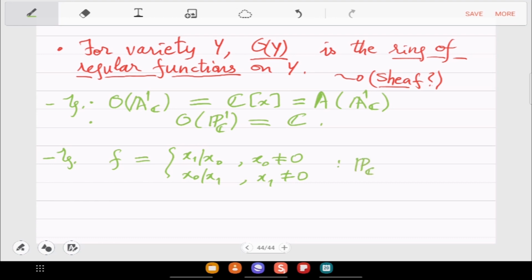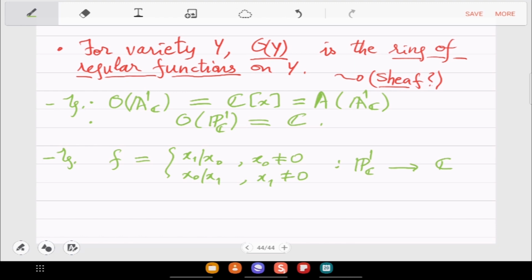So it is supposed to take the projective line to the base field, which in this case we are taking to be complex. So when x0 is not 0, then it is x1 over x0. When x1 is not 0, or in the case when x0 is 0, then it is x0 by x1. So we have defined this on these two open patches of the projective line. The question is: is this a regular function on P1C?